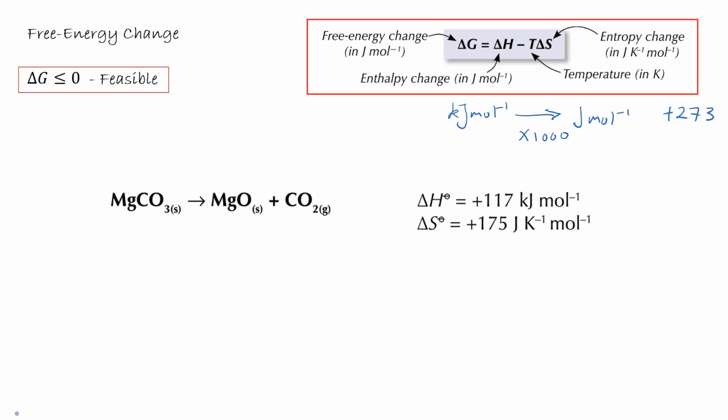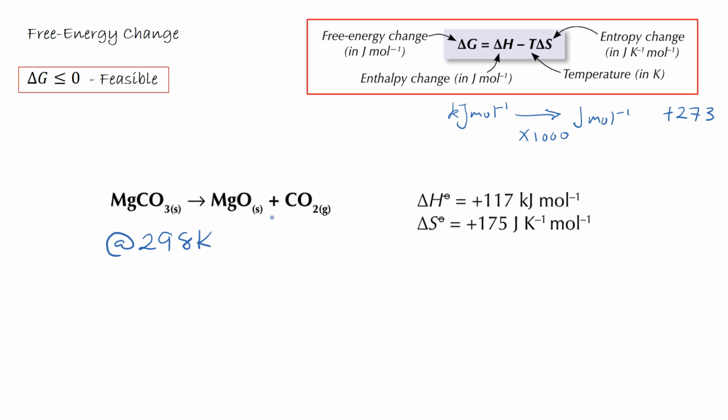So now let's go ahead and have a look at some examples. Our first example here is one of the thermal decomposition of magnesium carbonate to magnesium oxide and carbon dioxide. And what we want to know is, is this reaction feasible at the temperature of 298 Kelvin, in other words, at room temperature.